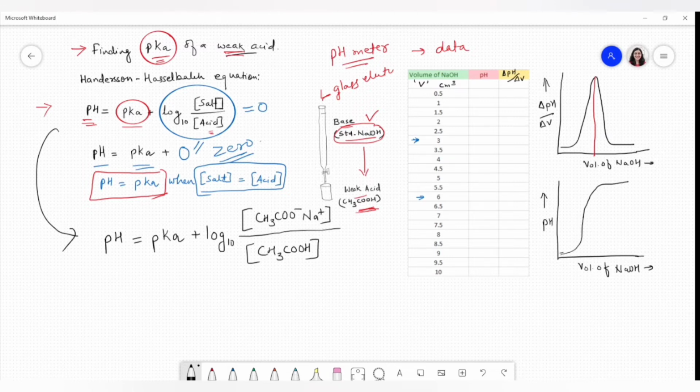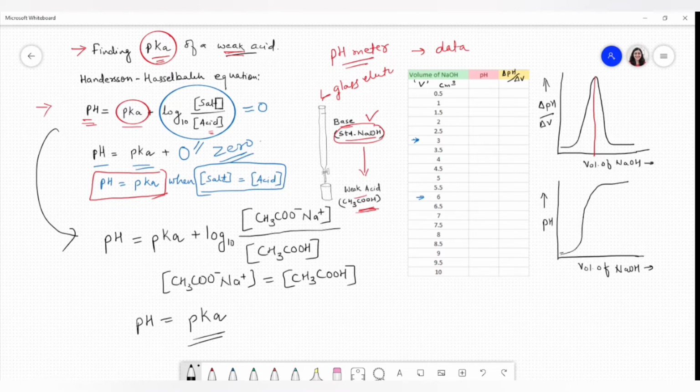Now if the concentration of your salt is equal to the concentration of your acid, you can write pH is equal to pKa.